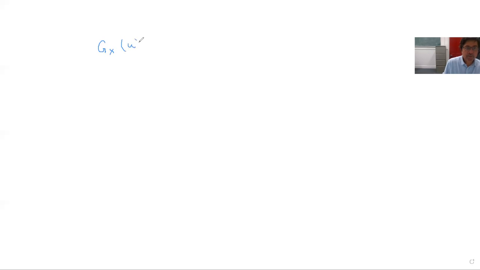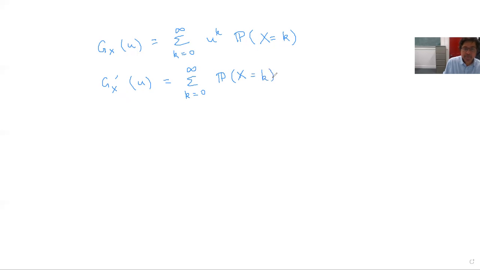Okay, so g_X of u was the sum, k equals 0 to infinity, of u to the k times the probability that X equals k. And so if we differentiate this, g_X prime of u, we can switch the order of summation and differentiation. So we get the sum of the probability that X equals k times the derivative of u to the k.